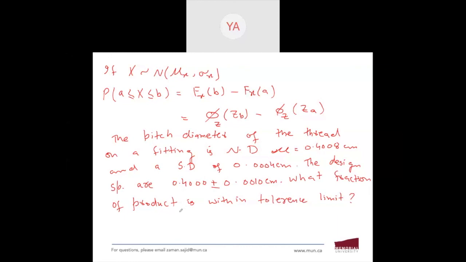What I'm going to do in this numerical, I'm going to use this formula here. We need to find the probability of X greater than or equal to, less than or equal to. Now if you look at your range, it was 0.4000 plus minus 0.0010 centimeter.